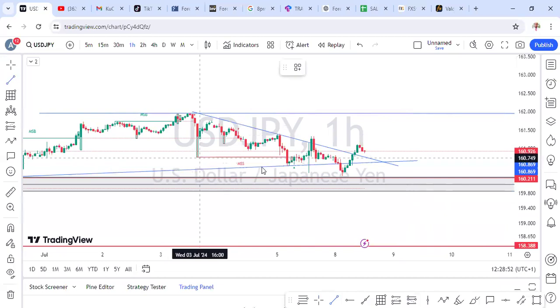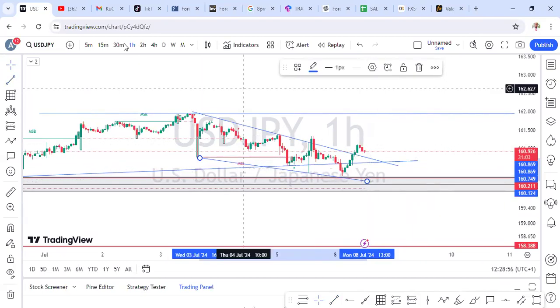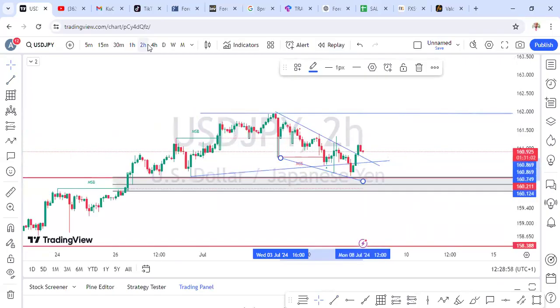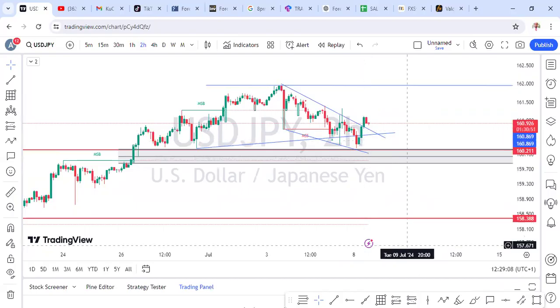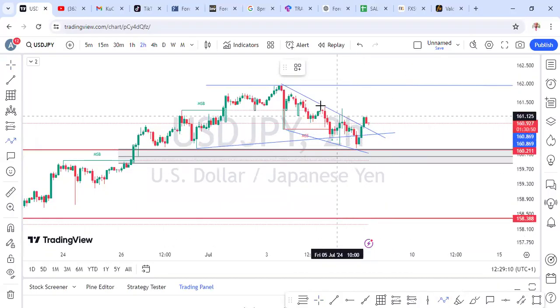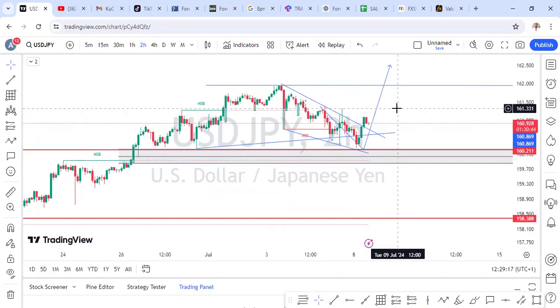So that's what we call a bearish flag and a bullish flag. How do you know a continuation of a bullish market? After a long run, price will form a flag. Then that flag is a sign of what? Bullish continuation. So that is what a flag means.